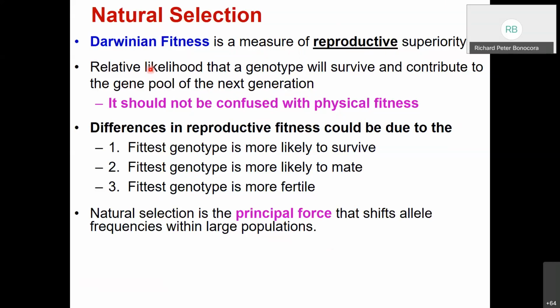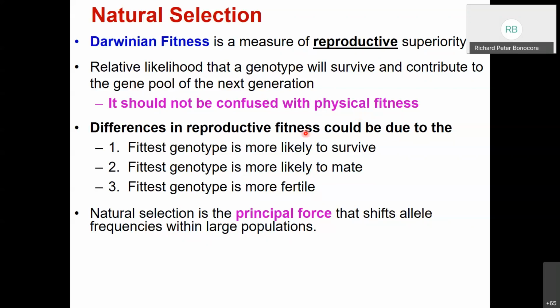It's the relative likelihood that a genotype will survive and contribute to the gene pool of the next generation. We should not confuse this with any form of physical fitness. They say survival of the fittest is not necessarily those that are the most physically fit. It's the individuals that have the traits that will allow them to pass their genes on to the next generation.